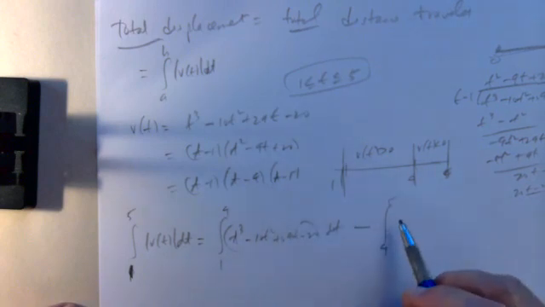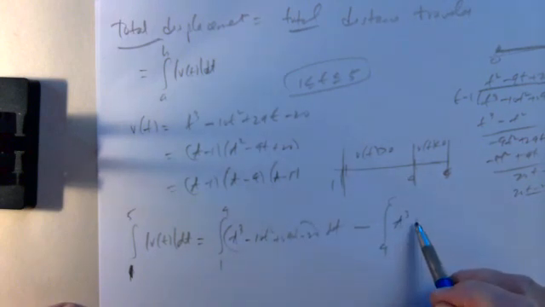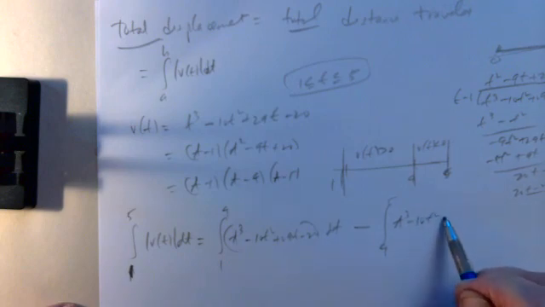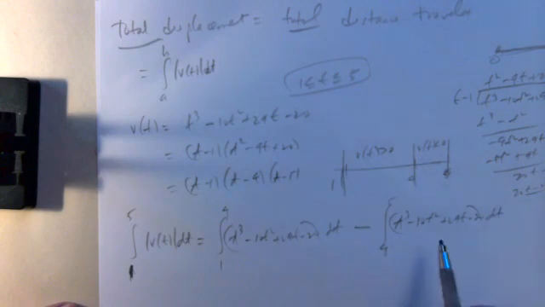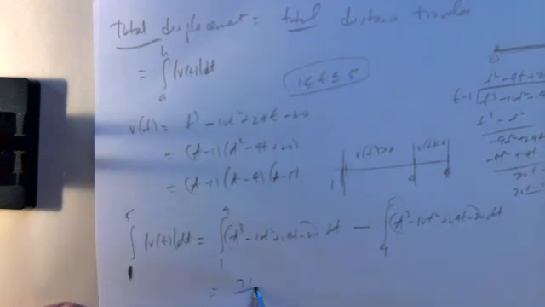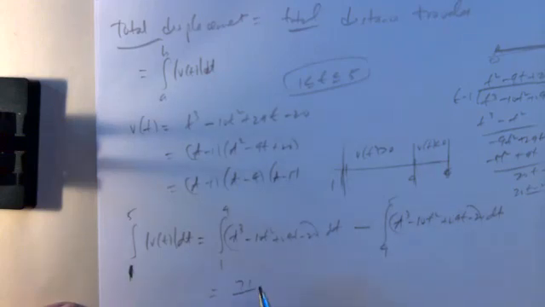So it's minus the integral of t cubed minus 10t squared plus 29t minus 20. If I do the integral, the calculation you can do yourself, or you can look at the text, you get 71/6. So this is the total distance as opposed to the net displacement, which was smaller.